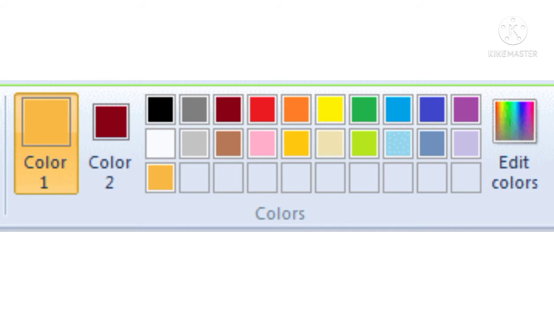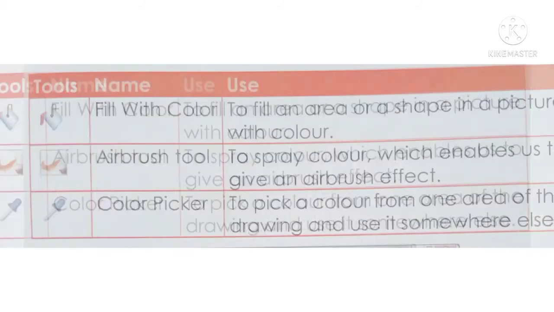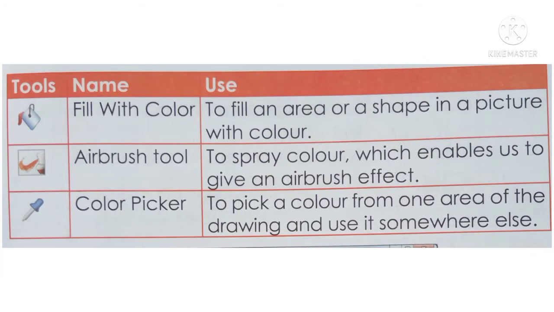The table below lists the different color tools available in MS Paint. Fill with color, used to fill an area or a shape in a picture with color.